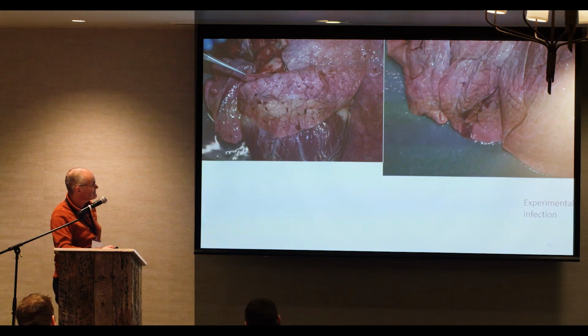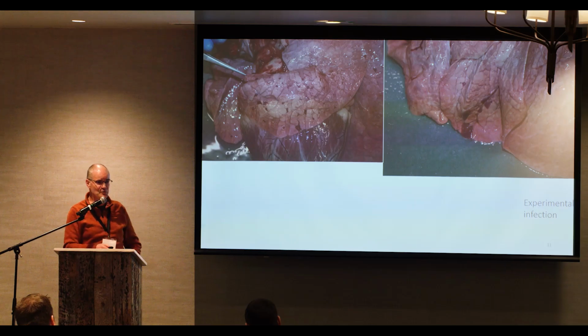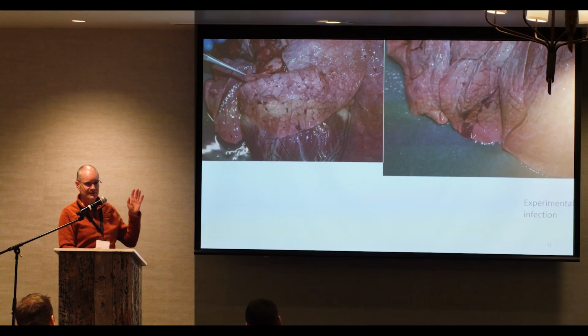We did some experimental studies in calves, so these were experimentally infected calves. Many of them had this lesion of just little angular red areas within the lung. This would represent one lobule or one little room within the lung tissue. This is a very non-specific lesion.